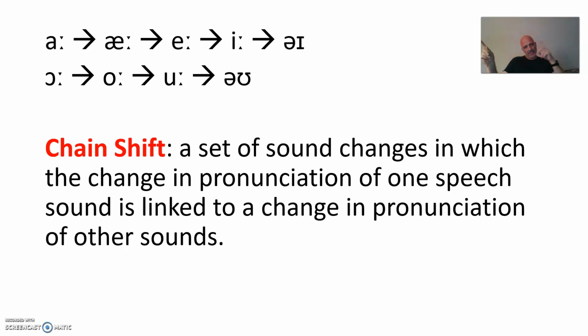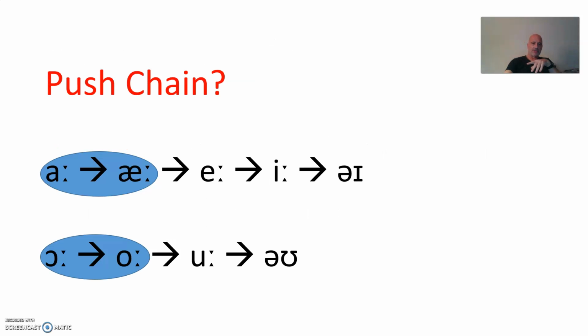Everyone is linked to the other and changes. And this is something you should memorize: chain shifts. When the whole system changes, not only single sounds, the whole system is changed.